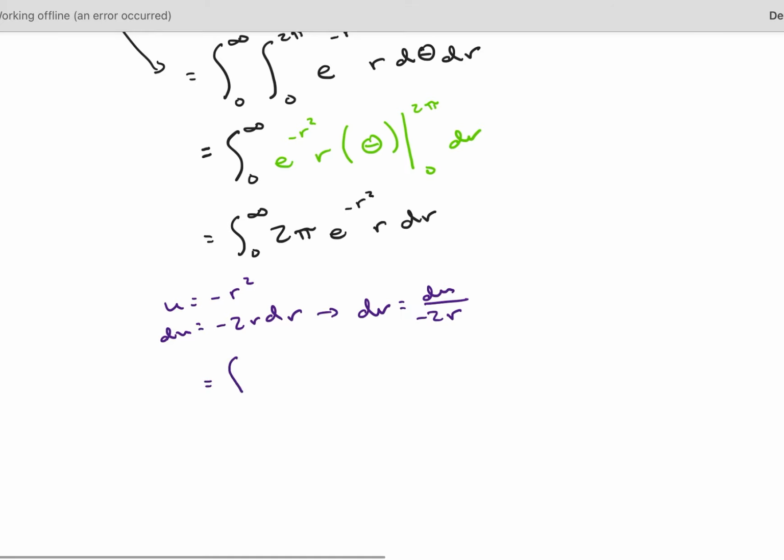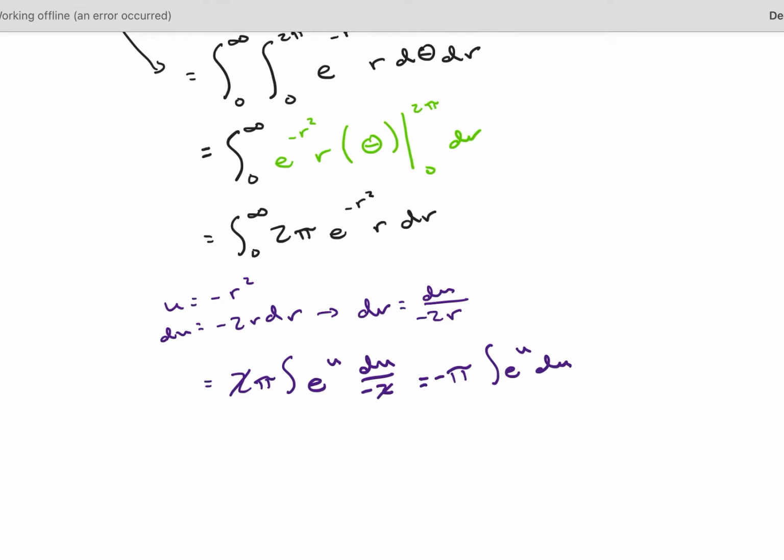I'm going to get 2 pi times the integral from 0, come back to that a little later, of e to the u times du over negative 2. Our r's are going to cancel, so we can pull that out, and we're left with negative pi times the integral of e to the u du.